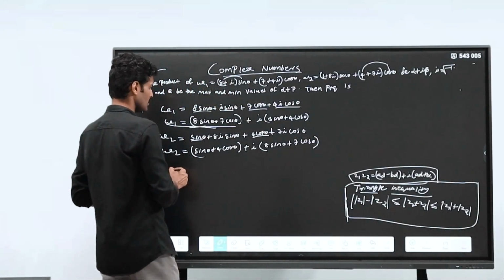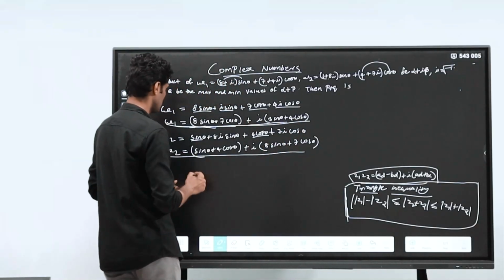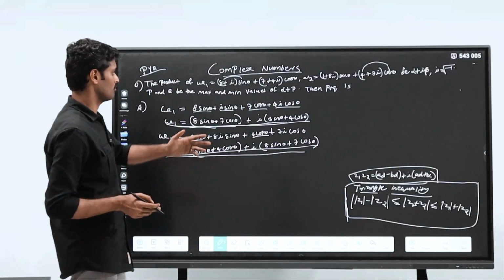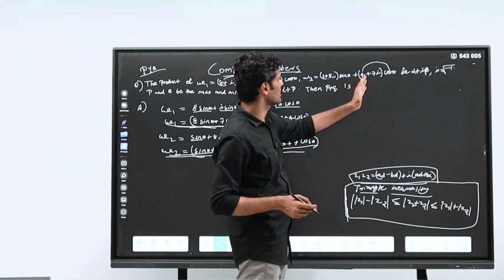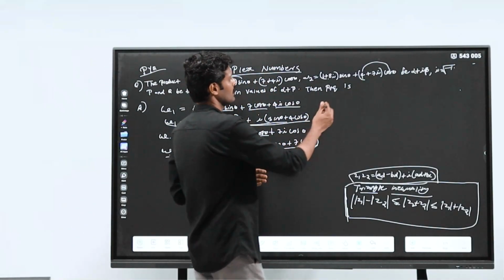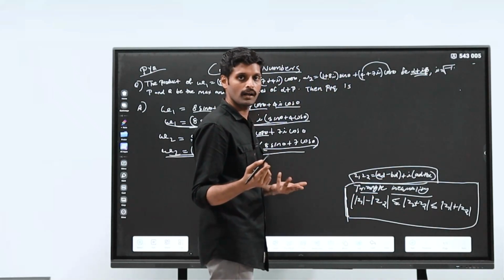So these are the expanded omega 1 and omega 2. From the question, if we multiply omega 1 and omega 2, we will get a new complex number, that is alpha plus i beta.